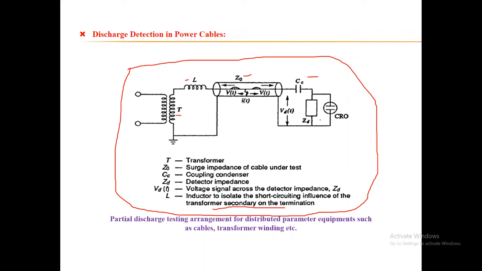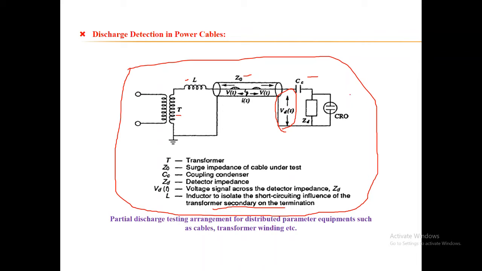Cc is the coupling capacitor, ZD is the detector impedance, and VD(t) is the voltage signal across this detector impedance. The circuit arrangement is not only limited to determining the magnitude of discharge, but can also be applied to locate the discharge activity in the cable just by capturing the time of propagated waves.